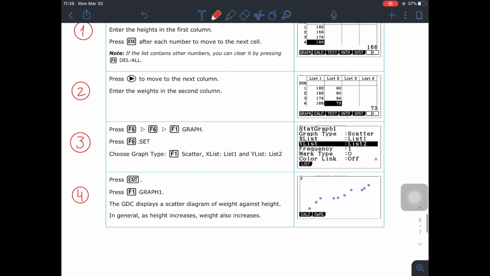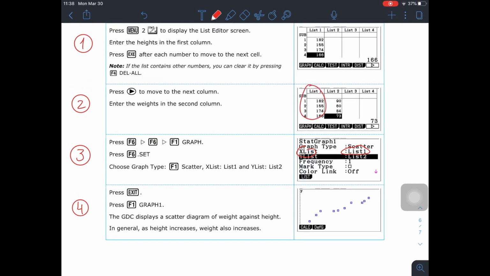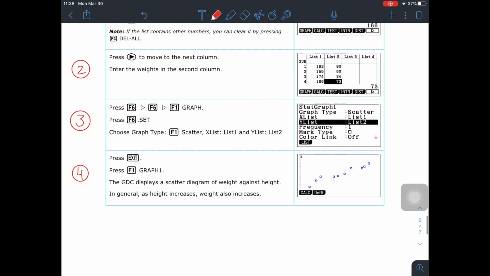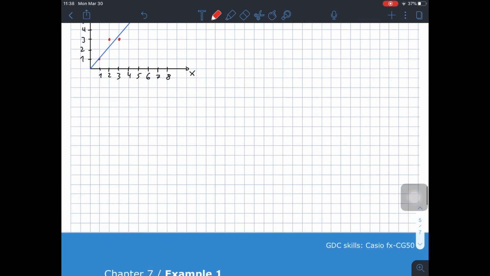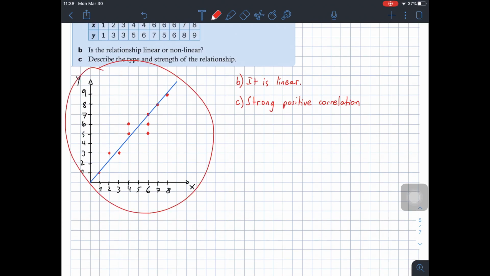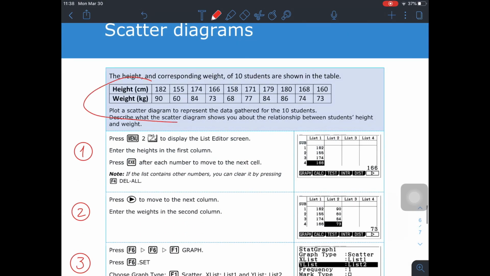And you should see that for the X list, the calculator should look at list 1, which is the first column, this one. And for the Y list, it should look at list 2, which is the second column, right? So make sure that is correctly set up. And if it's correctly set up, you press exit and then F1 to go to graph 1, and you'll get this scatter plot, which is what we just did in this first example, but for this set of data, okay?